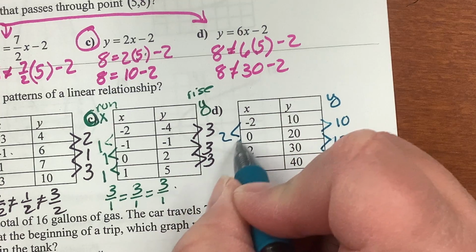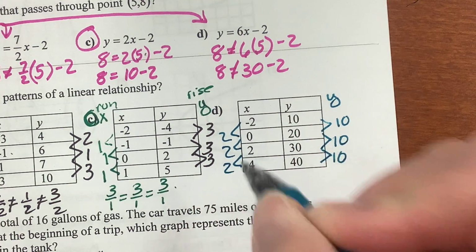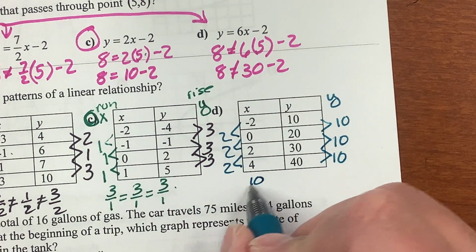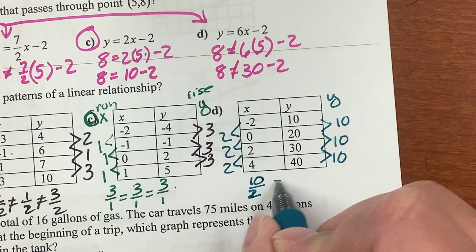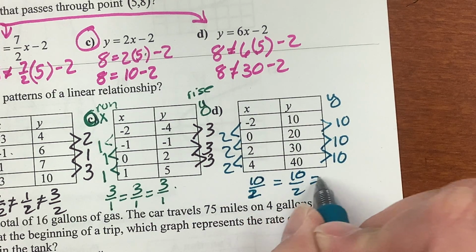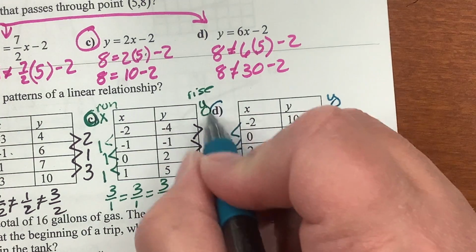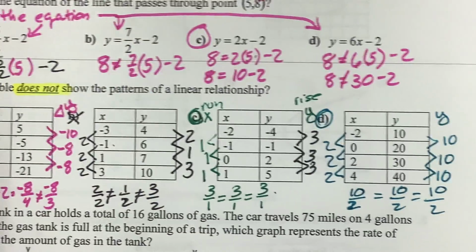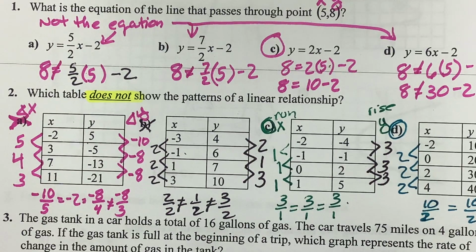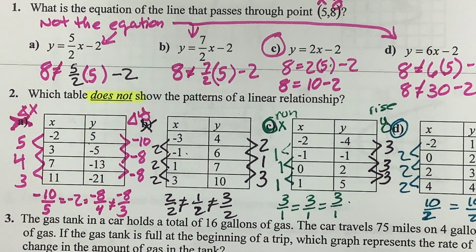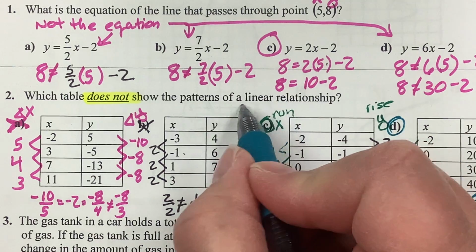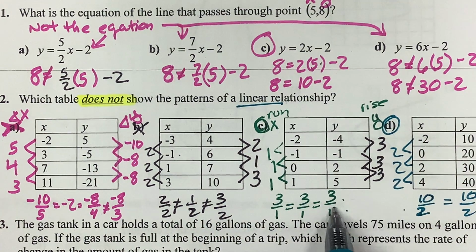This is 2, 2, 2. So they're all 10/2. 10/2 is equal to 10/2 is equal to 10/2. Those are all the same, so this one works also. So let's make sure we answer the question, which does not show a pattern. In order to be linear, these have to be equal.